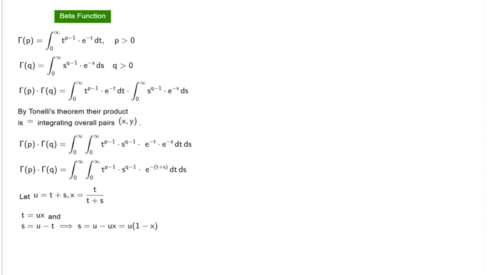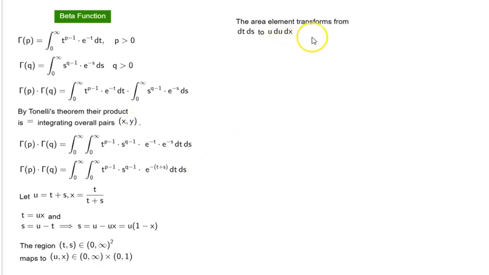If you remember Tonelli's previous session, the region t, s in 0 to infinity square maps to u, x in 0 to infinity times 0 to 1. Now the area element transforms from dt ds to u du dx.